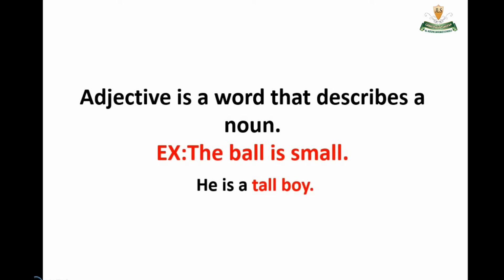So in this example, the word small describes the word ball. And when I say he is a tall boy, the noun is boy and the adjective is tall. The word tall describes the boy.